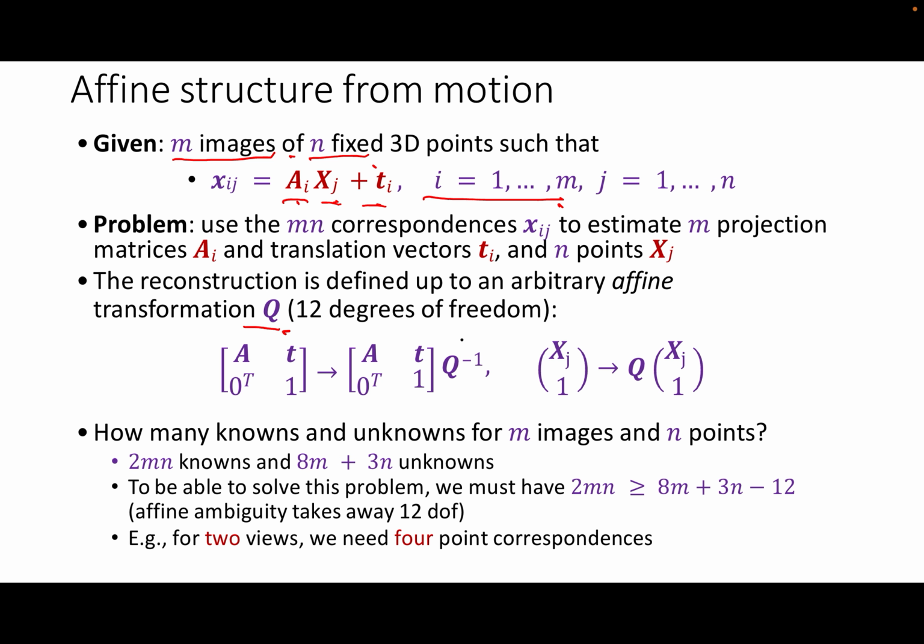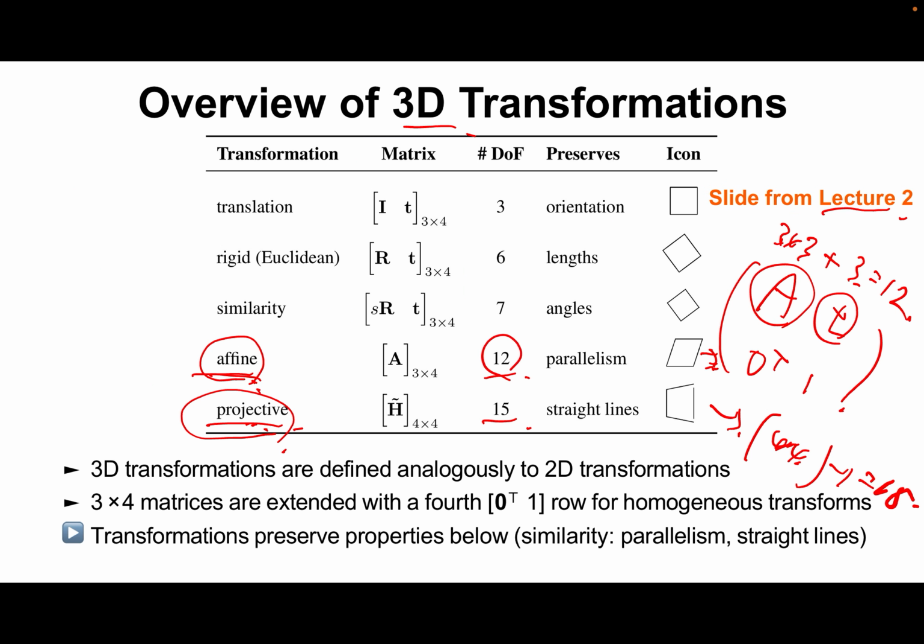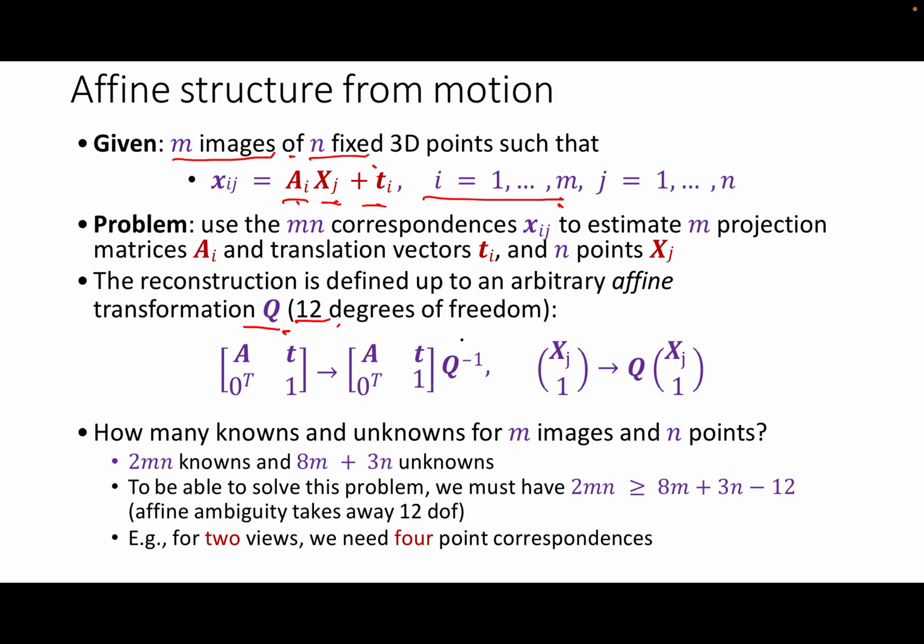The reconstruction is defined up to an arbitrary affine transformation Q, as I said. Structure from motion suffers from ambiguity. In affine SfM, we use the affine projection camera model, so our SfM has ambiguity up to an affine transformation. And 12 degrees of freedom, we've already learned this, right? In 3D space, an affine transformation has 12 degrees of freedom. So 12 is from this number.